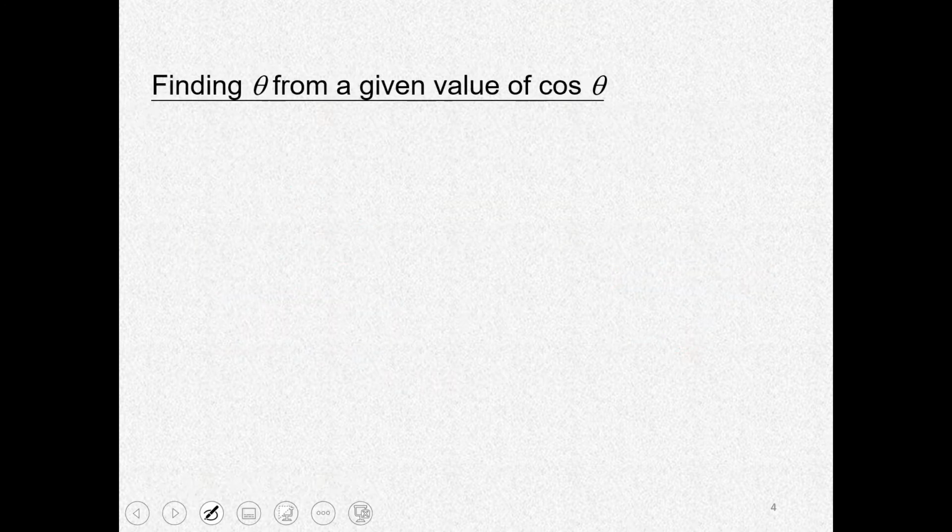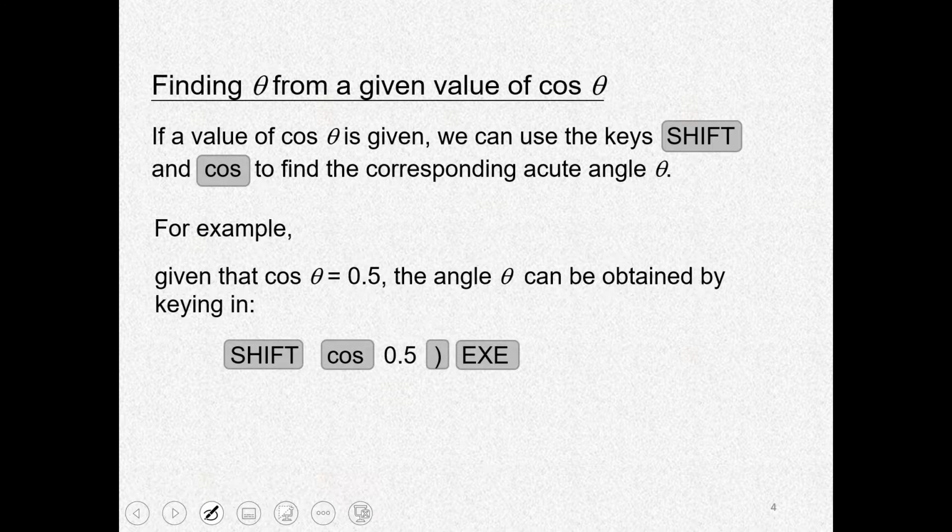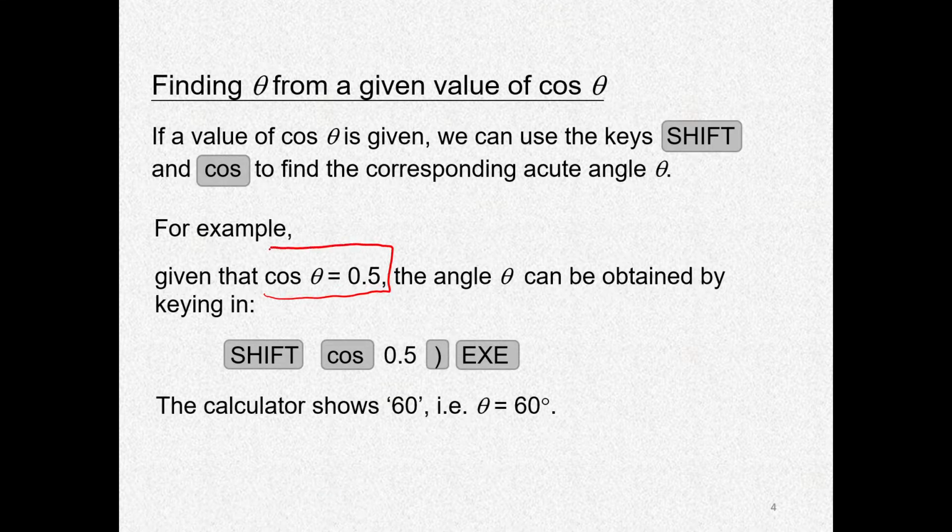So next, how about this question? Cosine theta equals 0.5. I want to find out theta. So we need to move the cosine to the right hand side, right? So it becomes cosine to the power of -1.